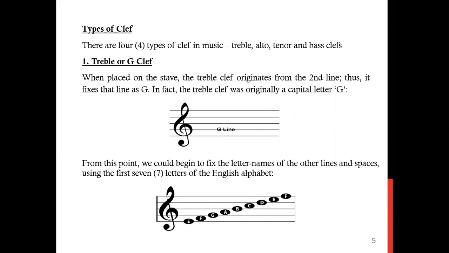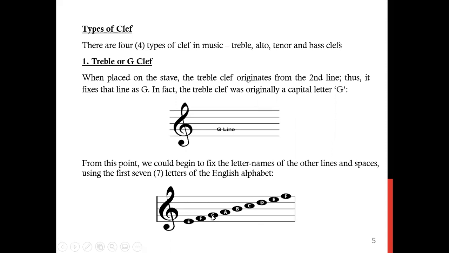Okay, so it is very important for you to know that the G clef starts from the G line. Because with that, we will be able to fix all the alphabets that we use in music.